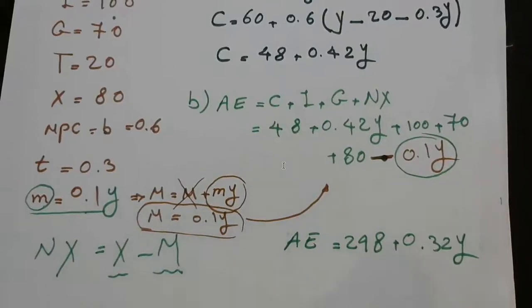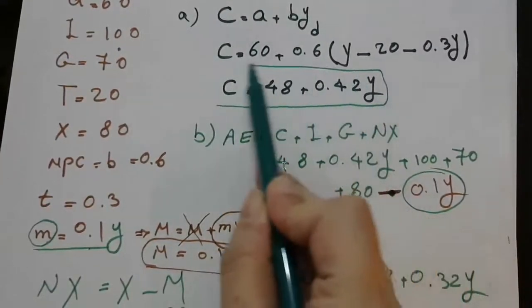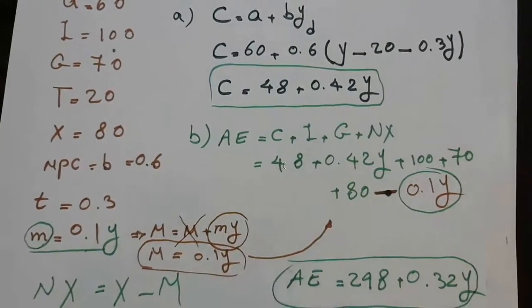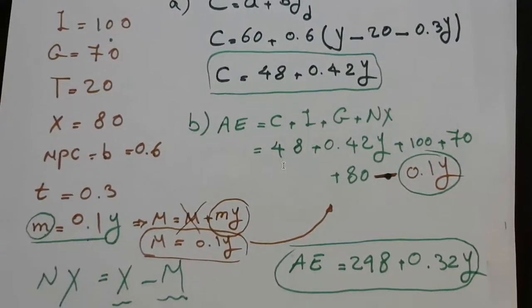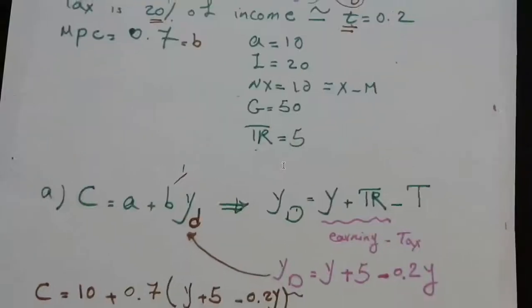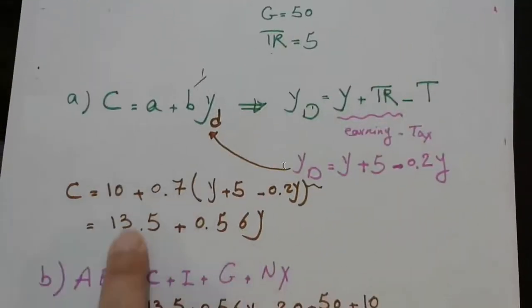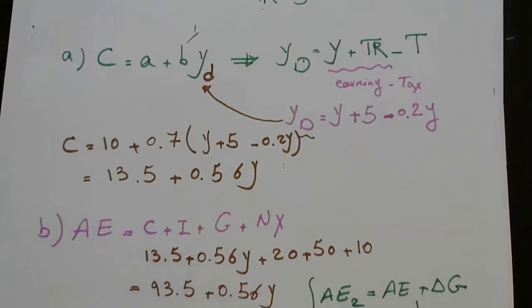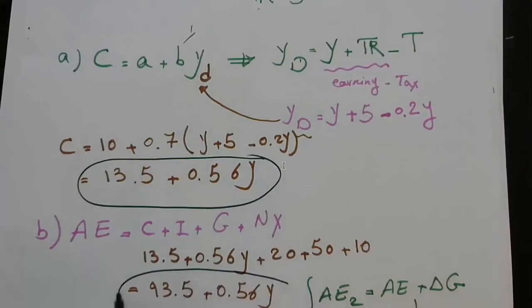If you compare the consumption function here with the aggregate expenditure function, let me show you the previous example. You see our consumption function, and then you see our aggregate expenditure function. You compare these two functions.